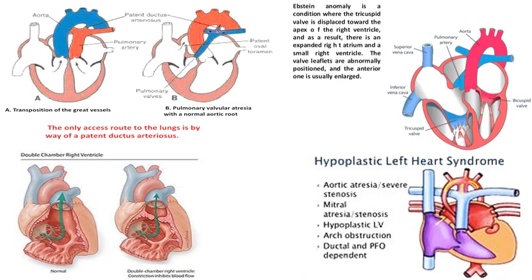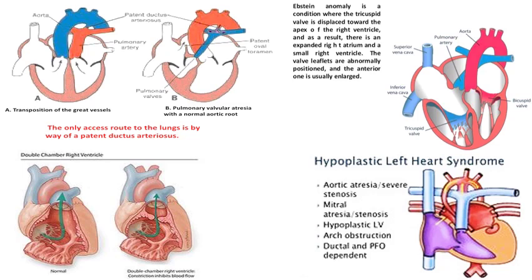So to compensate for this, there is a very large enlargement of the right atrium and the right ventricle that is seen. So there is regurgitation of the blood from the right ventricle into the right atrium, and then the blood is flushed to the pulmonary artery. So that is what is Ebstein's anomaly.